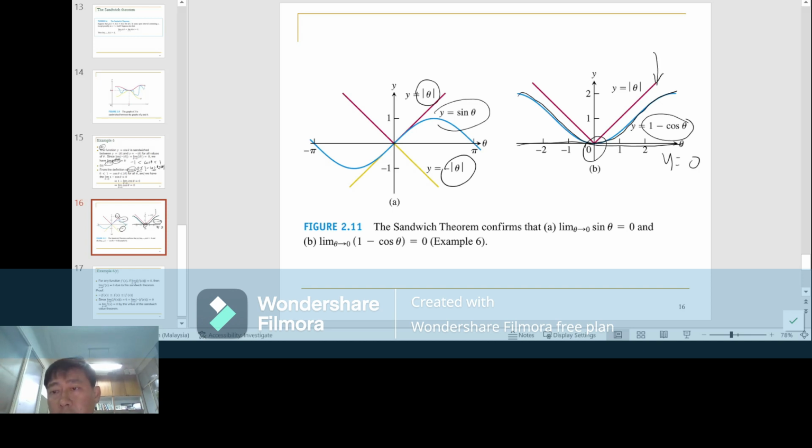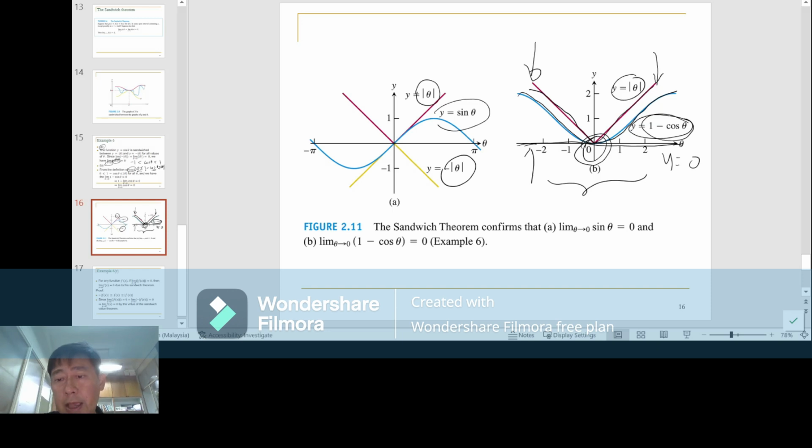This is y equals to theta. So we have found two functions that always sandwich y equals 1 minus cos theta between some values of theta that include theta at 0.